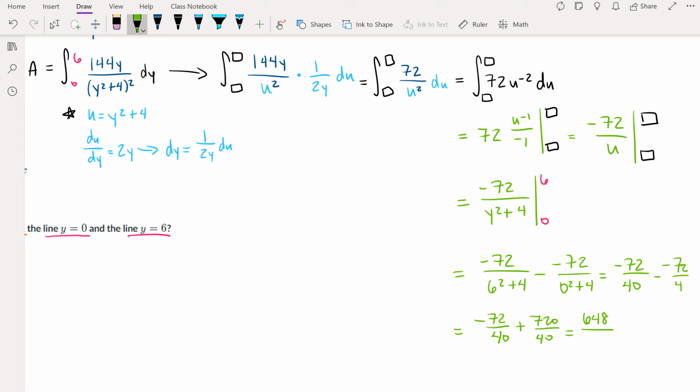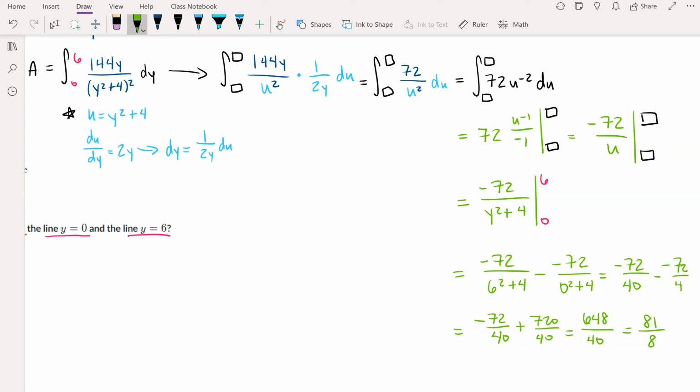Equals, all right, this would equal 648 over 40. Cool. And then I think we'll probably need to simplify. So let's see what happens when we simplify. You can divide both 648 and 40 by 8. So it'd be 81 over 8, and let me just confirm before you put these into your Khan Academy.